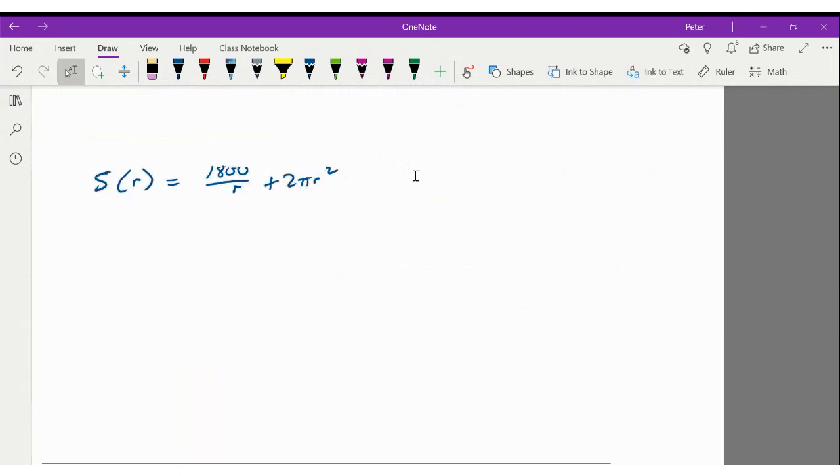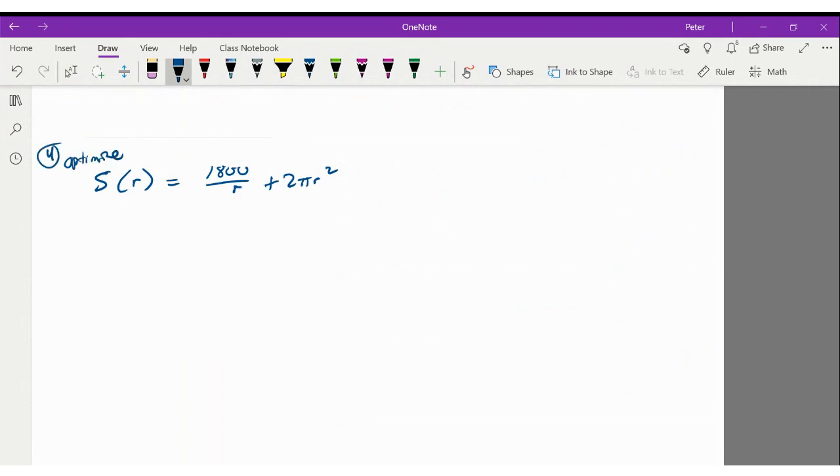There we go. Okay, so there's the objective function, and we're going to optimize this. I want to optimize step 4, on the interval 0 to infinity. So let me give you one way of looking at this.